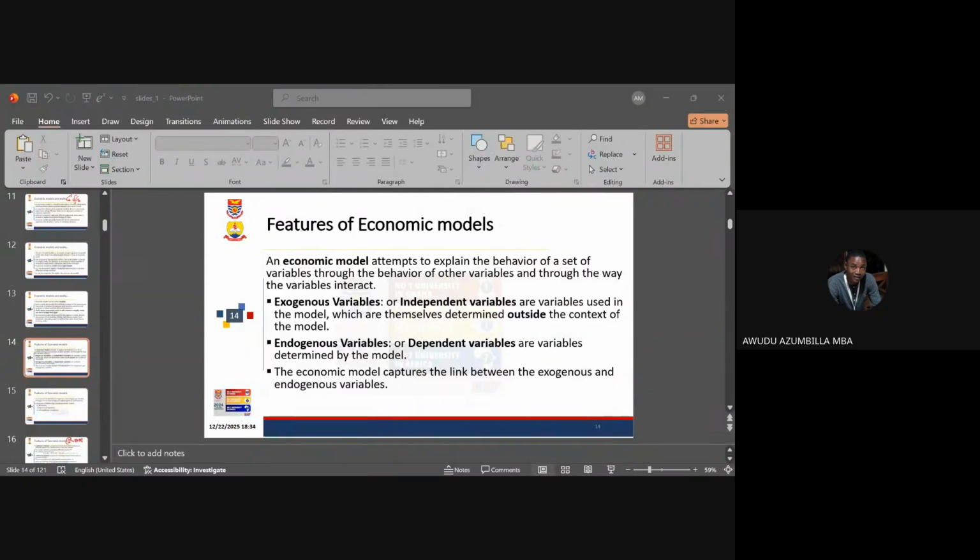Hello, Doc. Yes, go ahead. Festus. Doc, I wanted to know the variable in kind. Are you talking about food or housing? In terms of kind, I want to ask whether food is an example, or payment of house rent.